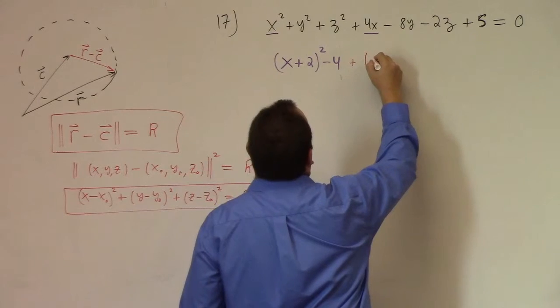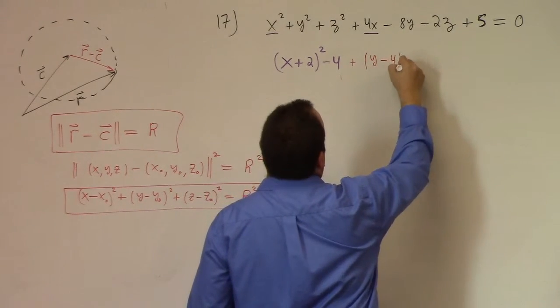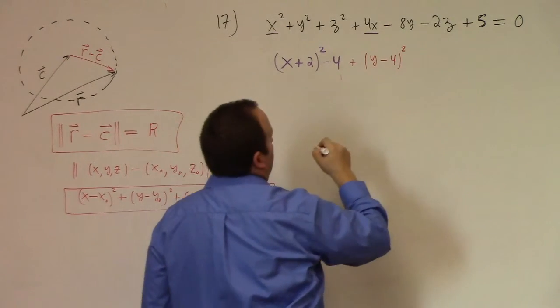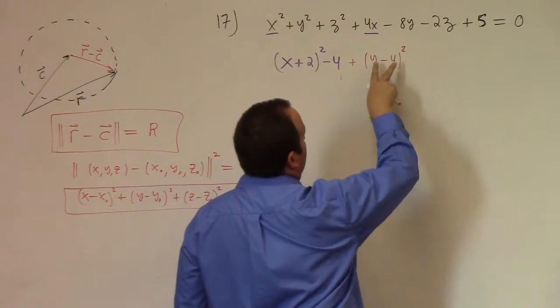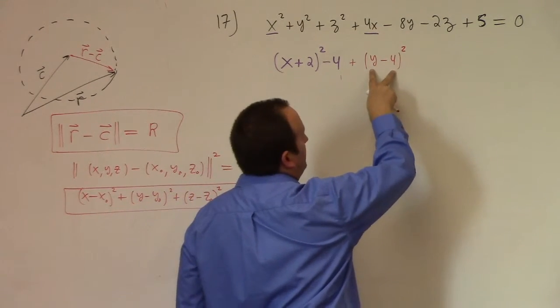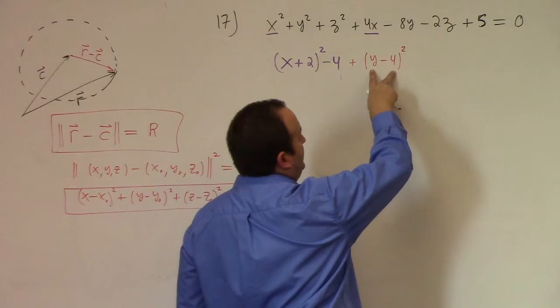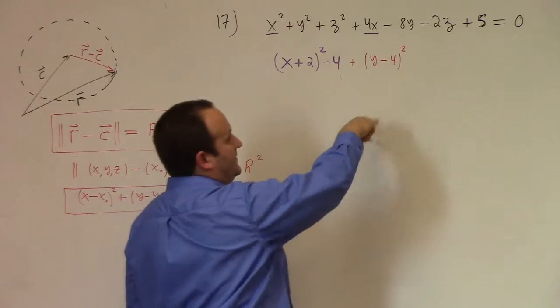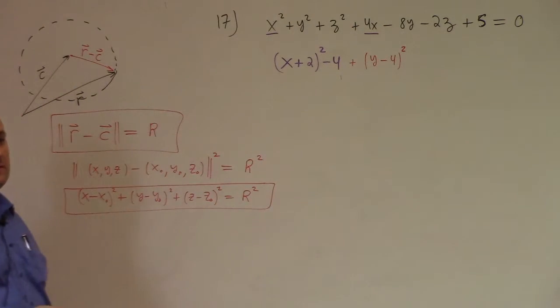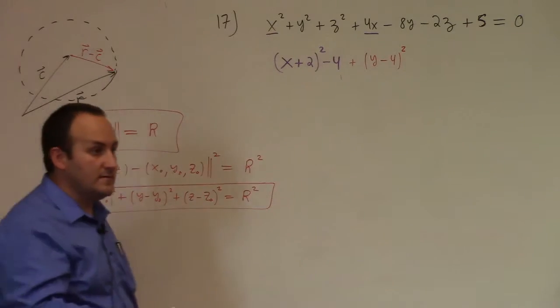Plus y minus 4. But don't fear, it's really not much. All I'm doing is grouping the stuff with y together and rewriting it as a square, but when I do that, I end up adding a constant. What constant do I add there? If you square it, you get 16. That 16 was not in the expression before, so to be fair, I have to subtract it.